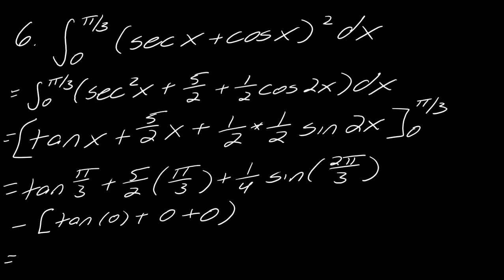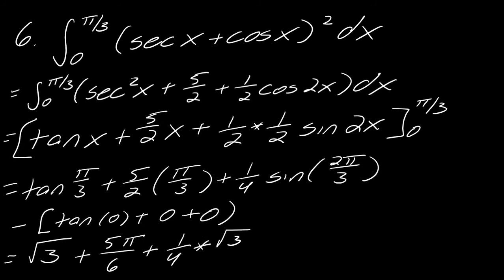So now, using our trusty unit circle, this is going to become square root of 3 plus 5 pi over 6 plus 1/4 times square root of 3 over 2. So now we just need to simplify all of this. So let me clear a little space.